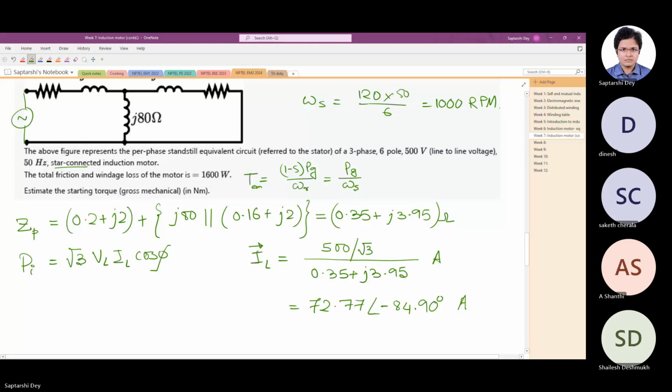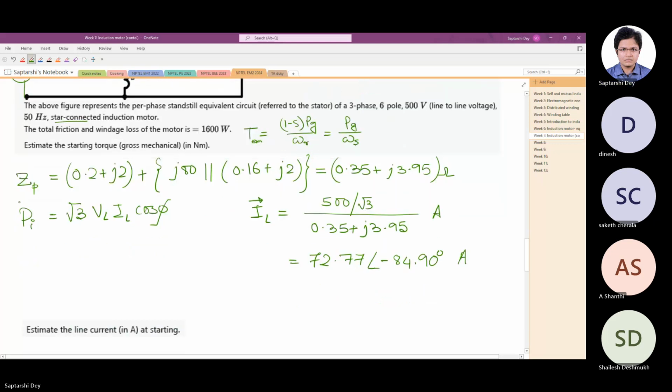Yes, starting power factor is very poor. Okay. So now IL is known, cos phi is known, √3 times line voltage 500 times IL times cos phi.